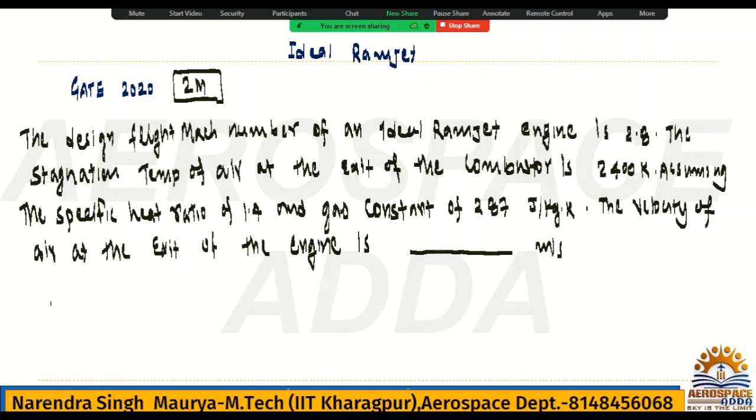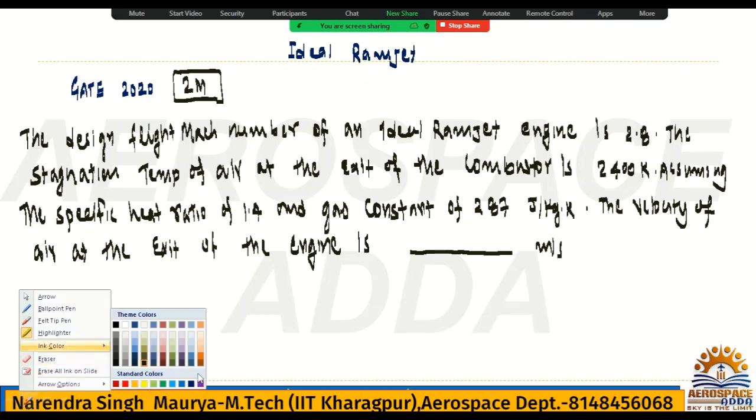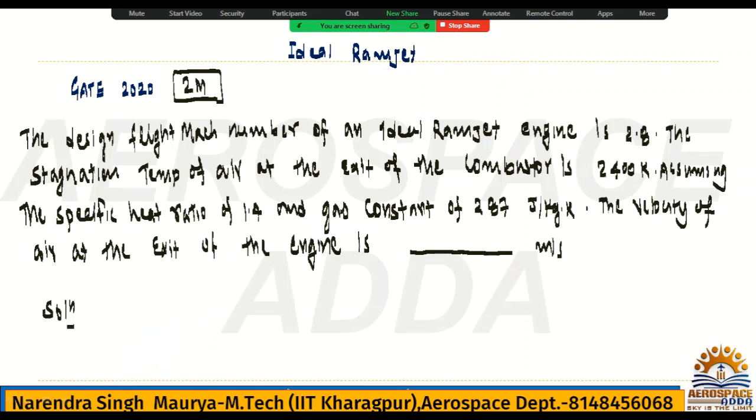See the solution of this problem. Now see what values they have given to us. 2.8 they have given as the design flight Mach number. Design flight Mach number means M infinity they have given to us. How much? It is 2.8. Or you can say this is the aircraft Mach number, also called flight Mach number or M infinity, the free stream Mach number, the meaning is the same. 2.8 they have given to us.